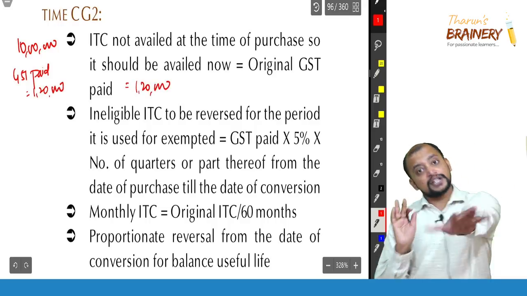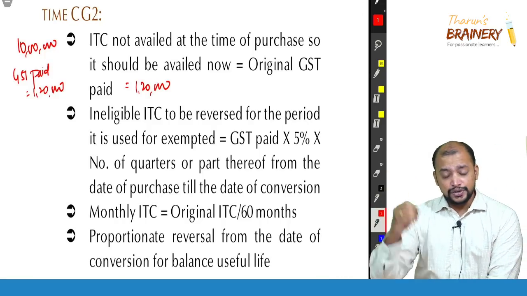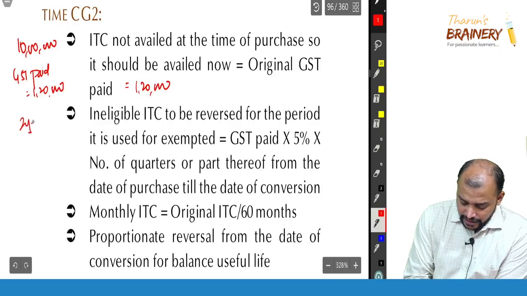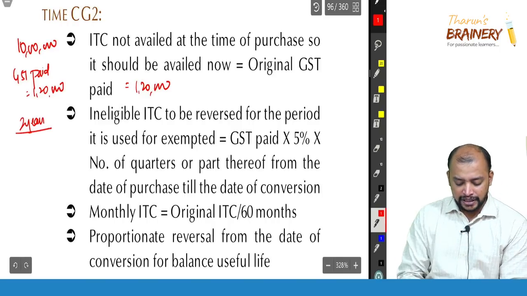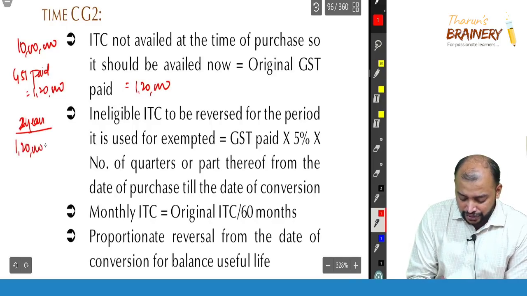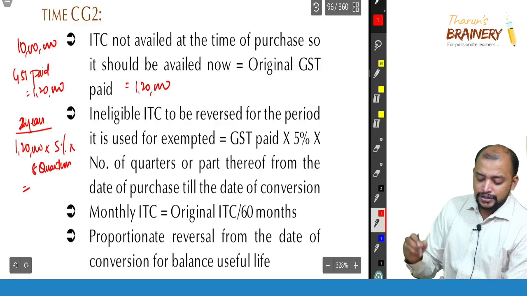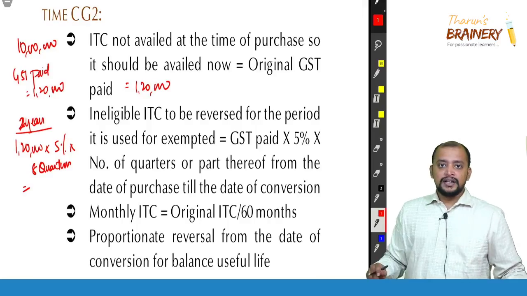I'll take 1,20,000 as the credit, and 2 years it is used for exempted. When 2 years it is used for exempted, then 1,20,000 into 5% into 2 years means 8 quarters. So that is known as bulk reversal.